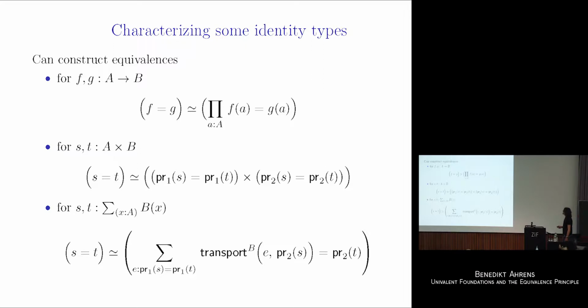If I have two functions f and g that are parallel, functions from A to B, then we can prove that the type of identities between f and g is equivalent, and this is the symbol of equivalence that I've just introduced as a type, to the type of functions that to each element in A associate a path from f of A to g of A.